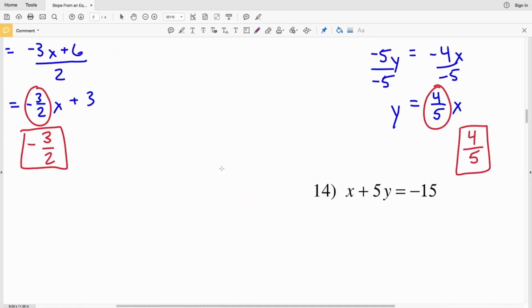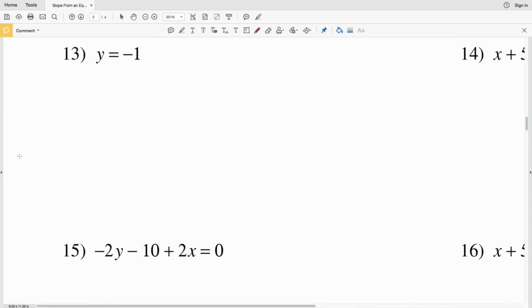Let's move on to number 13. In 13, we have y equals negative 1. This is already in slope-intercept form. You could rewrite this if you wanted to as y equals 0x plus negative 1.